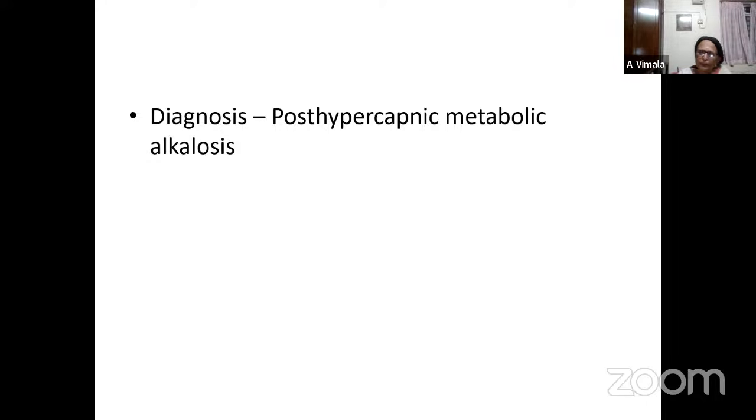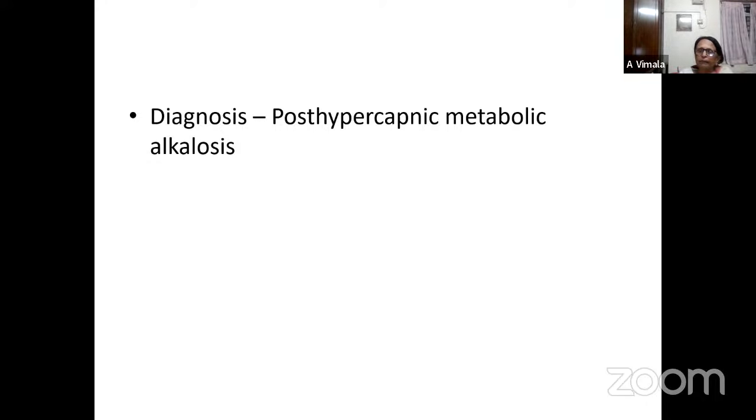When there is alkalosis, when there is an increase in bicarbonate, the PCO2 rises correspondingly and the pH is maintained. This compensation is instantaneous. It happens then and there. But in a respiratory disorder, the compensation is by the kidney. So the kidney takes time to reclaim, reabsorb, and regenerate bicarbonate.